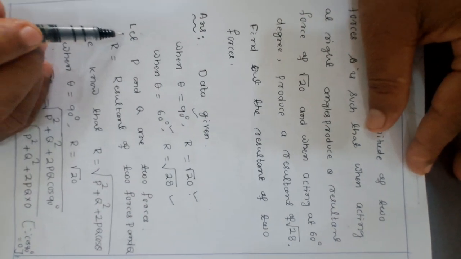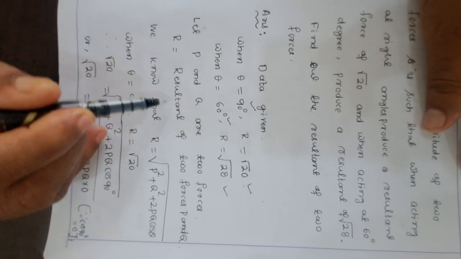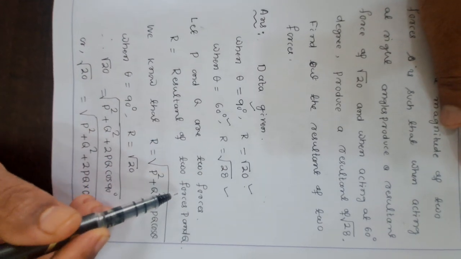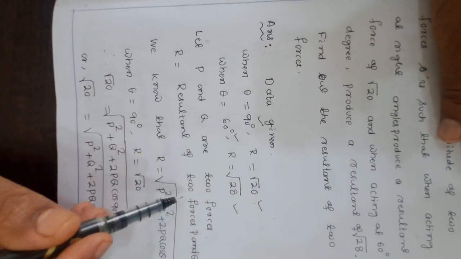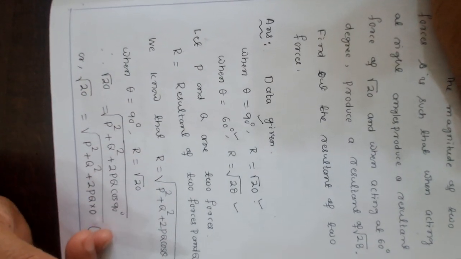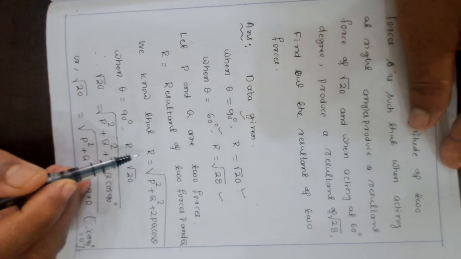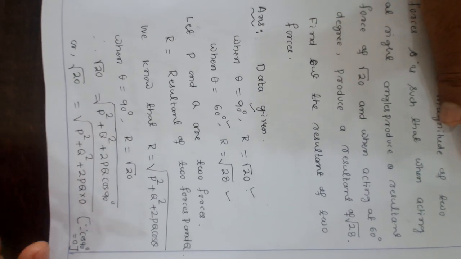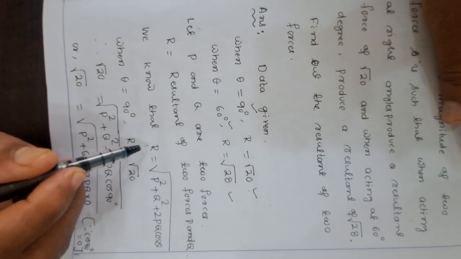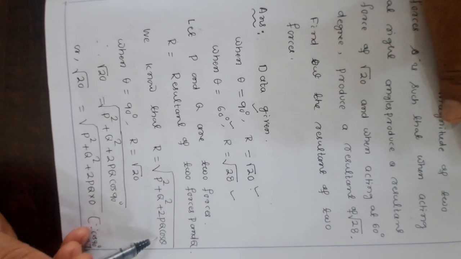Let P and Q be two forces. R is equal to the resultant of two forces P and Q. You know that if P and Q are two forces and R is the resultant of two forces, then R is equal to root over P square plus Q square plus 2PQ cos theta.